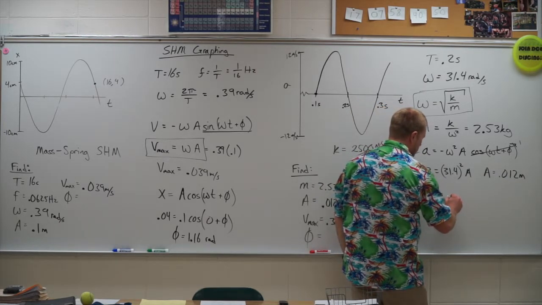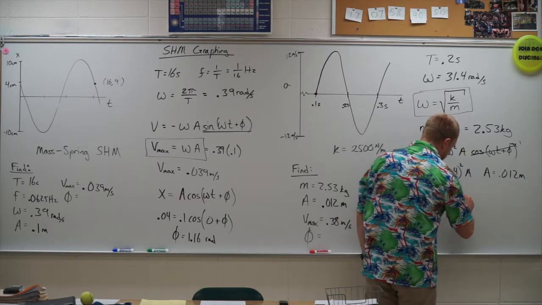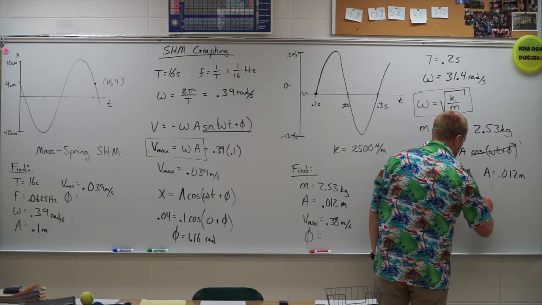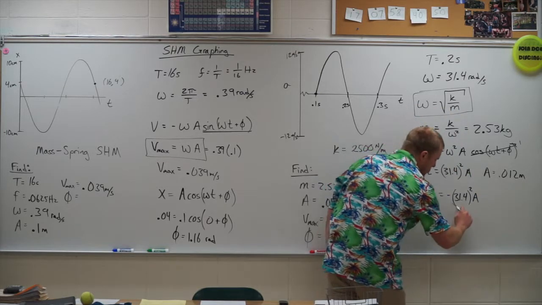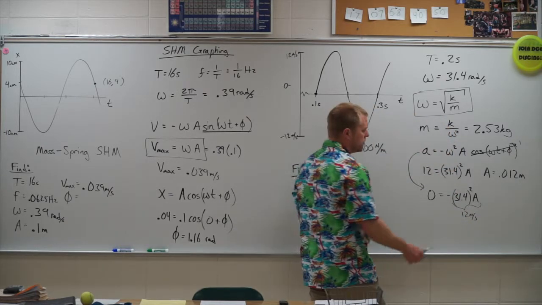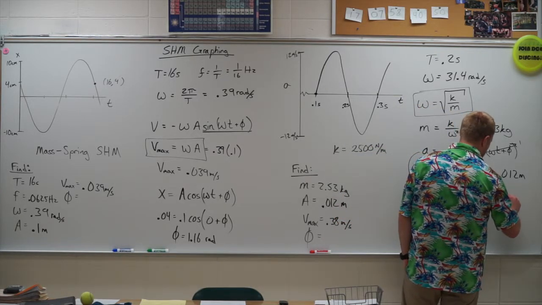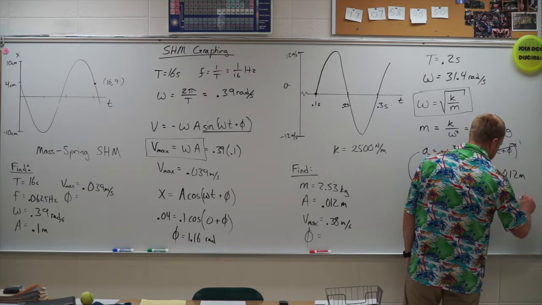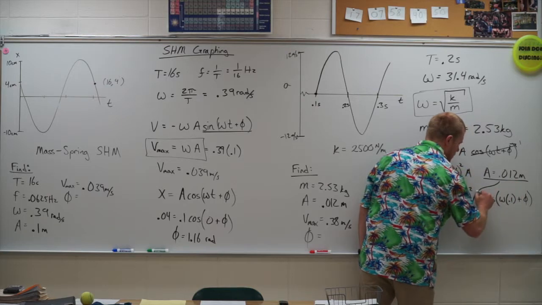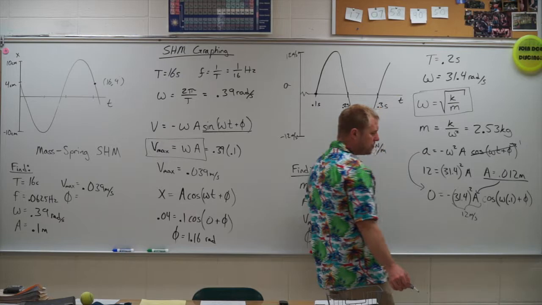I got 0 is equal to negative omega squared, with omega 31.4, times A, which is just 12 by the way, times the cosine of omega times 0.1 plus phi. Again, just plug in my amplitude and my omega of 31.4.